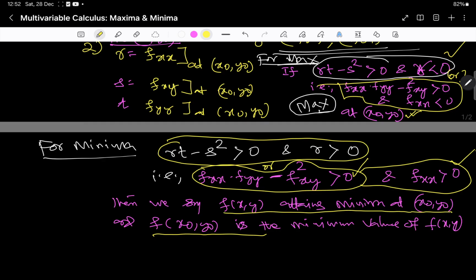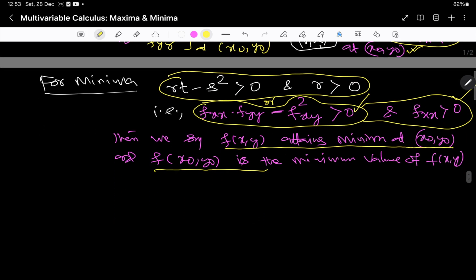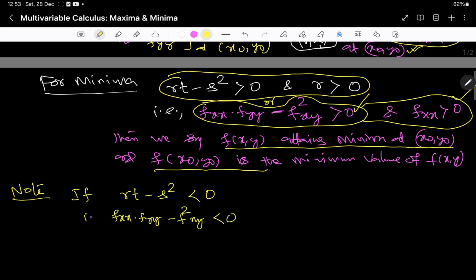Now you note that if rt minus s square is negative, that means f_xx into f_yy minus f_xy square is negative, then what will happen? We have neither maxima nor minima. It is a saddle point. Then x0 y0 is a saddle point.